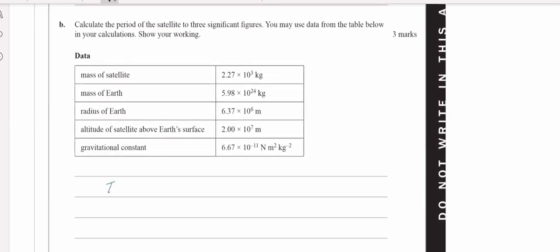Period is T squared equals 4 pi squared r cubed over GM. 4 times pi squared times the total radius, 6.37 for Earth's radius plus the altitude, 8.37 times 10 to the power 6, cubed.